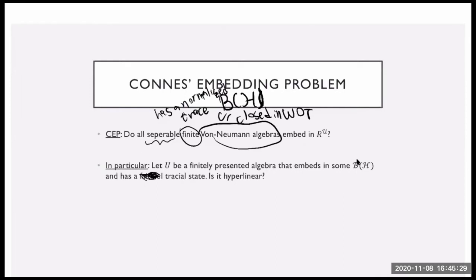So if you want to be hyperlinear, you at least need to assume that you have a tracial state and that you embed in some B(H). These are just basic assumptions because R to the U has these properties and subalgebras of R to the U inherit them.